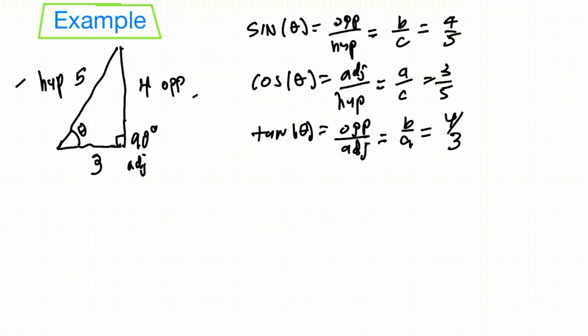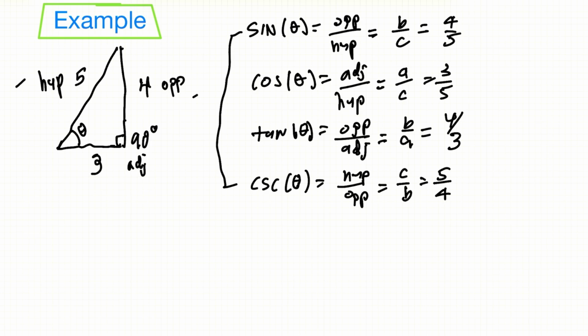Now let's look at their reciprocals. Let's look at the cosecant. Cosecant of theta is equal to the hypotenuse divided by the opposite, and that is c divided by b, which is 5 over 4. Now we can notice that the sine and the cosecant are reciprocals of each other because it's 4 over 5 here and 5 over 4. So that checks with what we had earlier.